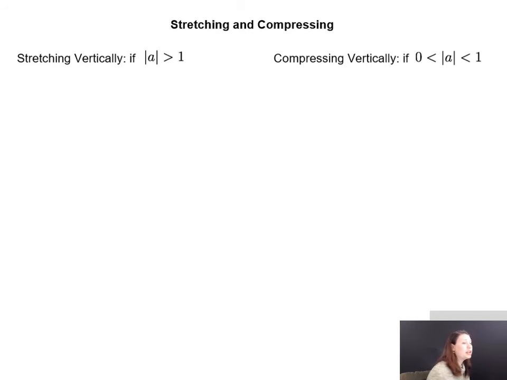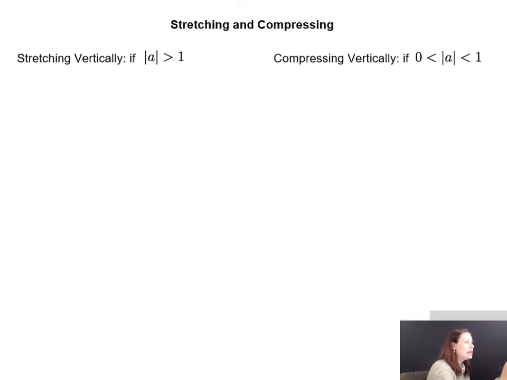Next is compression. Compressing is if A, that front number, is between 0 and 1. Think about what a number between 0 and 1 is, though. Between 0 and 1 is a decimal. Decimals are a different way of writing a fraction, right?